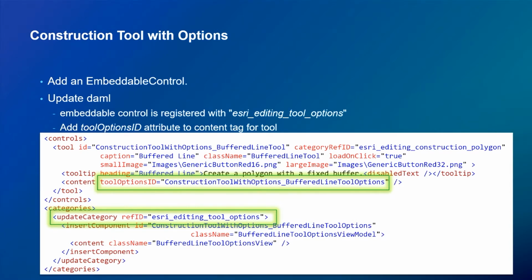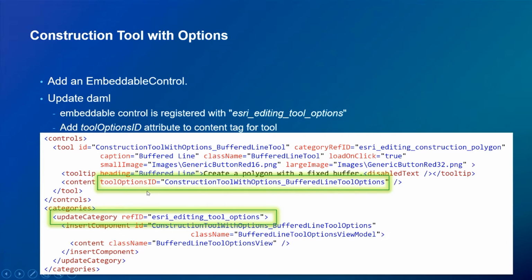Now there are additional adjustments that we need to make in our descriptive DAML file. So one is, for our tool, we're adding a new element called content with the attribute of the tool options ID. That needs to be a unique ID string.